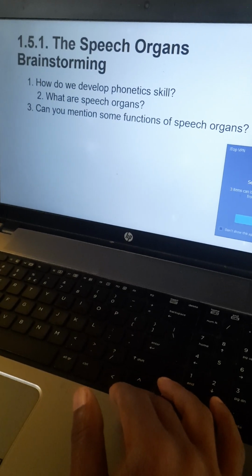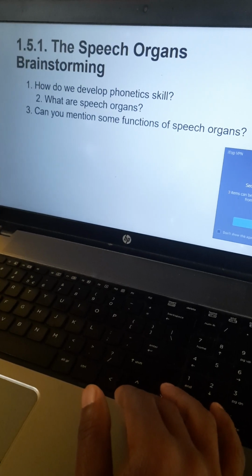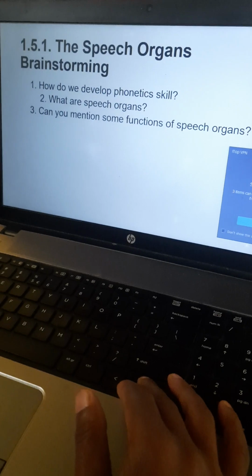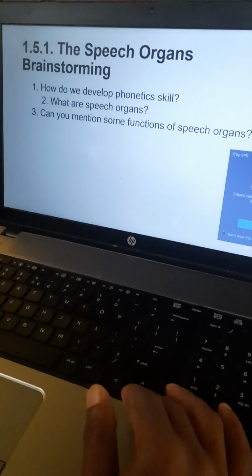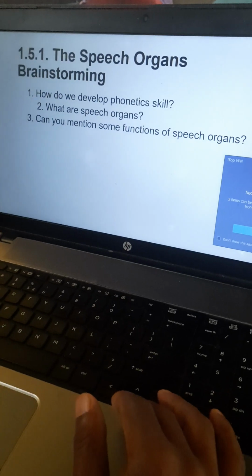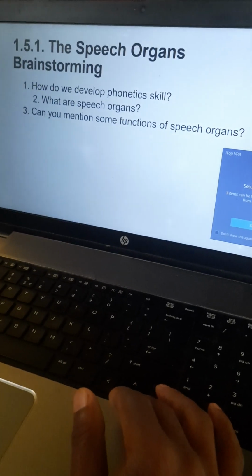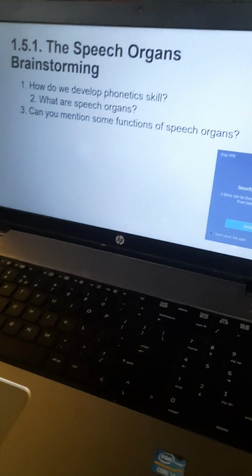We tried to see what phonetics is, its importance, and how we can develop this skill. So what are speech organs? Can you mention functions of some speech organs? This question will come next time. So for today, it is enough.